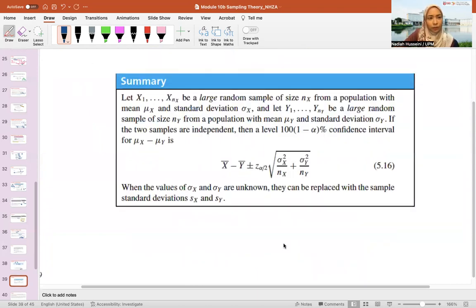So this is the summary for your confidence interval for the difference of two means. Instead of sample mean plus minus Z alpha over 2 for your two-sided, you have this: sample mean X minus sample mean Y plus minus Z alpha over 2 and your standard deviation for the difference in the sample means.